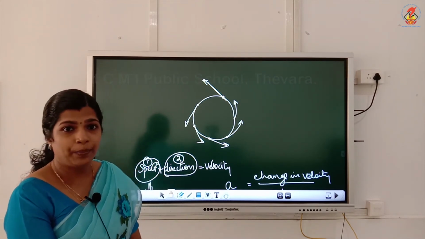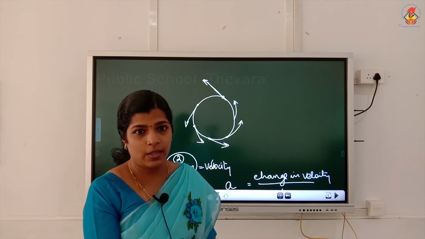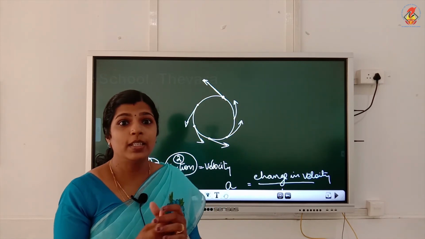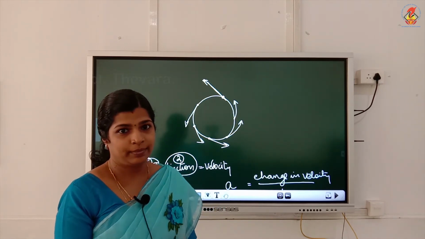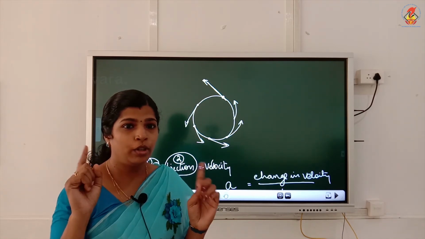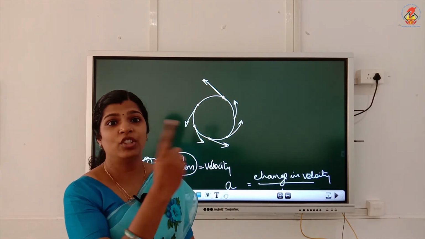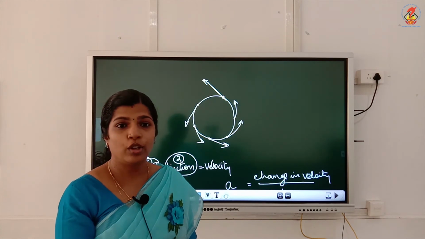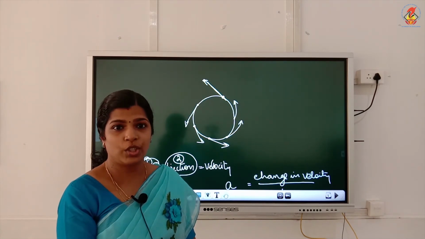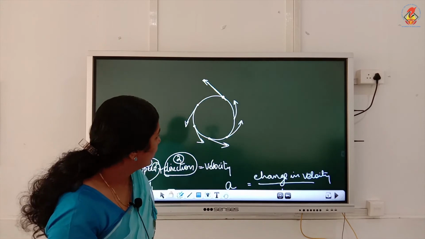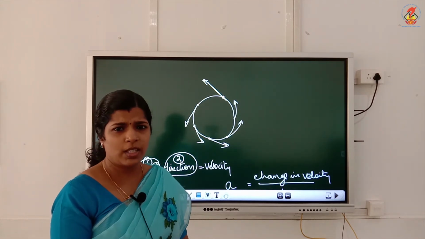You can see that on rainy days when you twist your umbrella, water droplets will move tangentially. So many examples you can see.